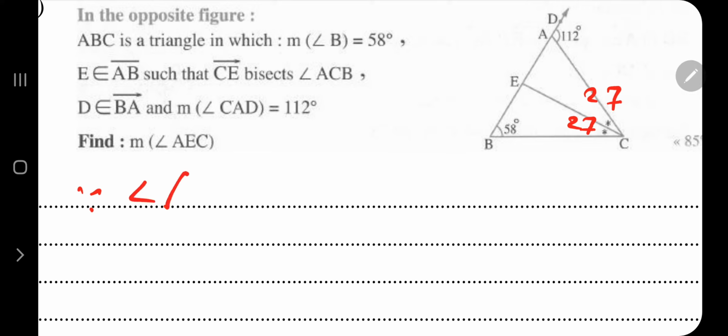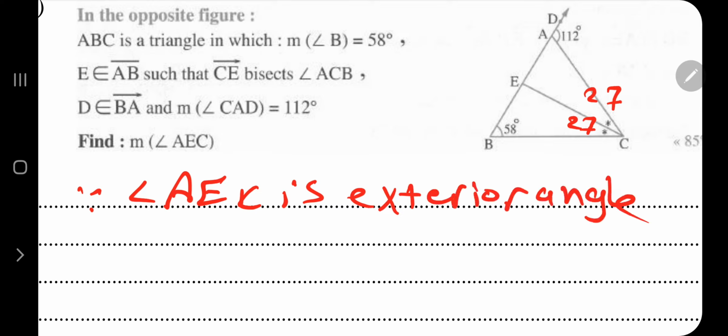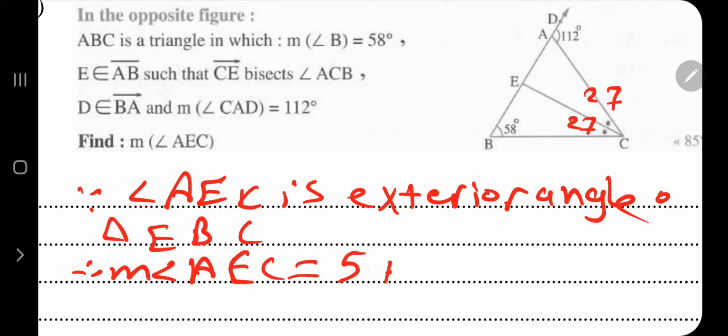So since angle AEC is an exterior angle of triangle EBC, that means the measure of angle AEC equals 54 plus 27 equals 58 plus 27.